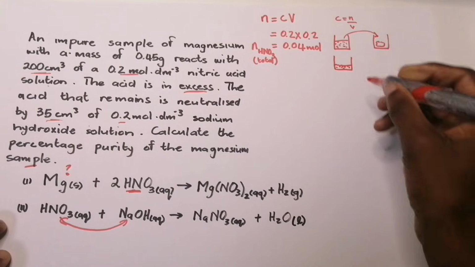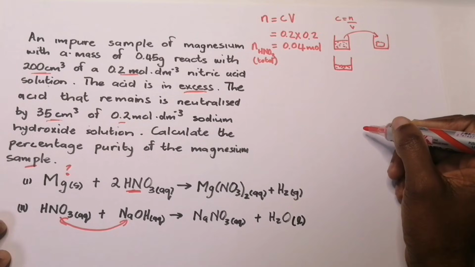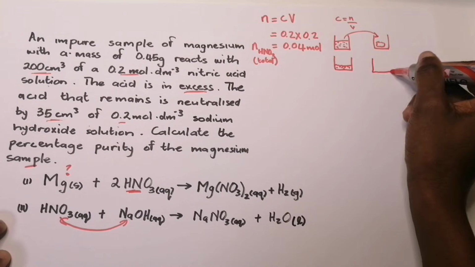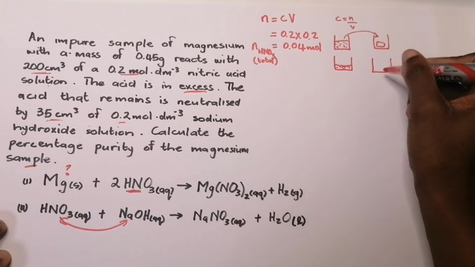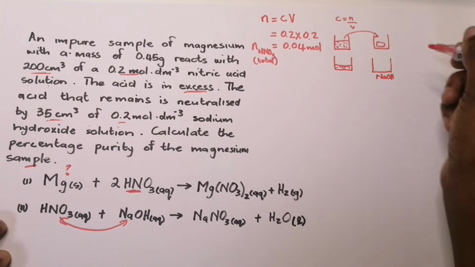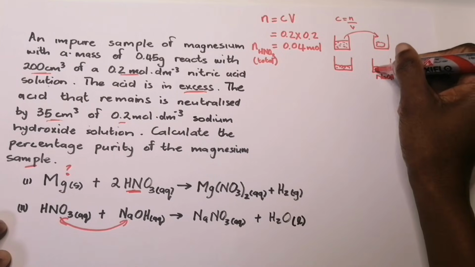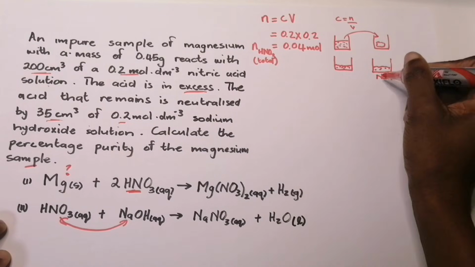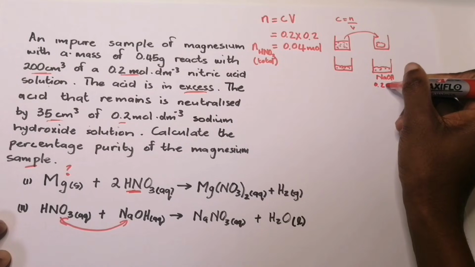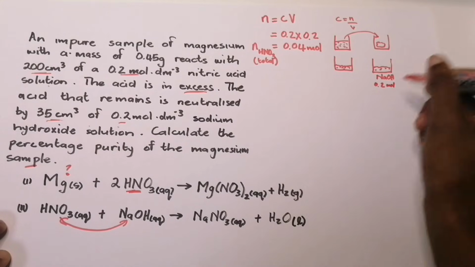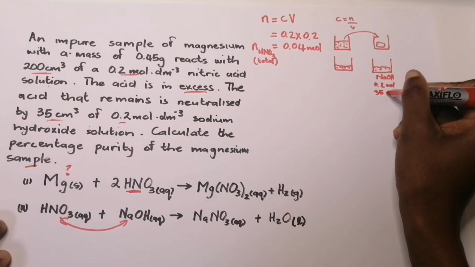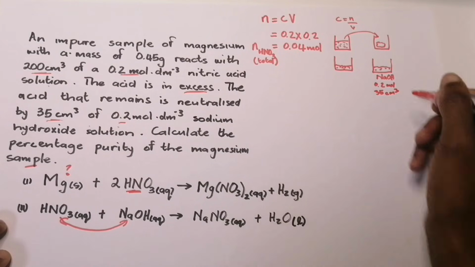That nitric acid that remains unused is now going to react with someone else, and that is the sodium hydroxide. They tell you the concentration of it, 0.2, but they also tell you the volume that you use, in cubic centimeters.